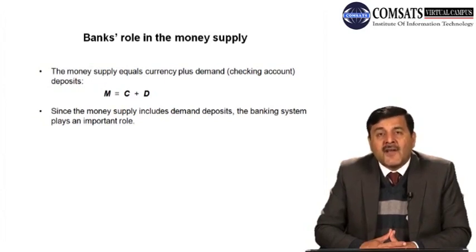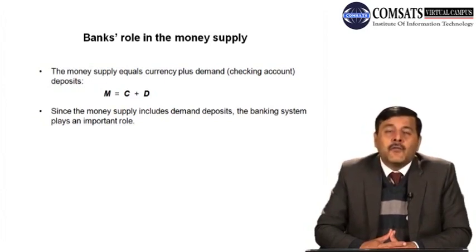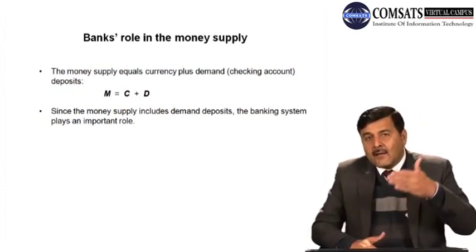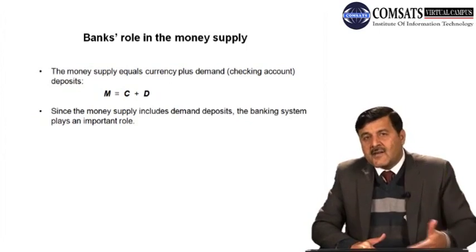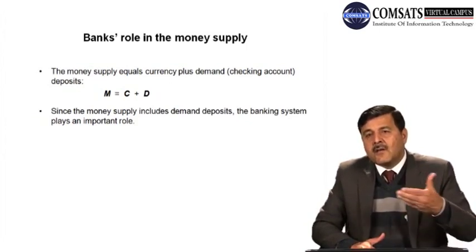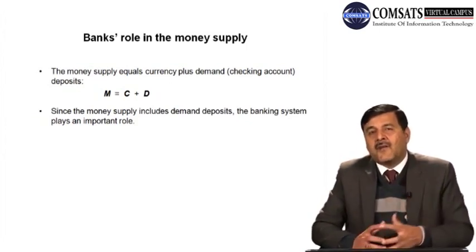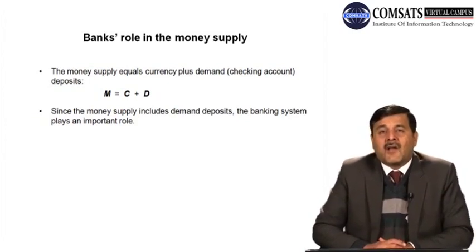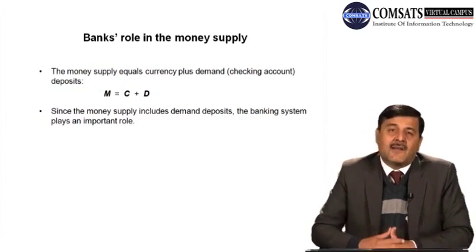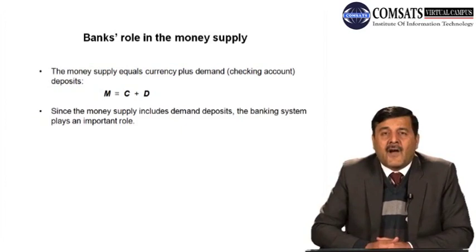The third important function of money is that it is used as a unit of account, right? We can convert different currencies into the domestic currency. Like if we talk about the exchange rate between Pakistan rupees and dollar, $1 is equal to 97 rupees. So we can use money as a unit of account.